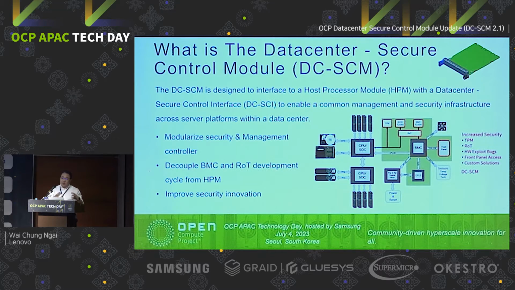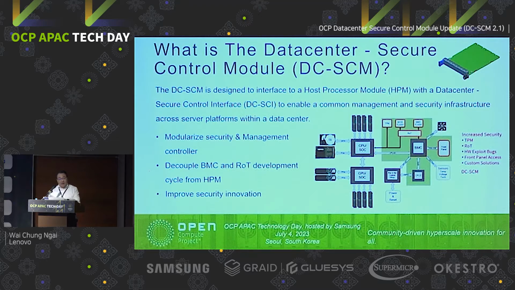In short, you can imagine the HPM is a motherboard, but focused on compute-intensive design. For example, users who want higher CPU counts, more memory-centric designs, or more storage or accelerators. Those are the innovations on the compute side, the HPM or motherboard.